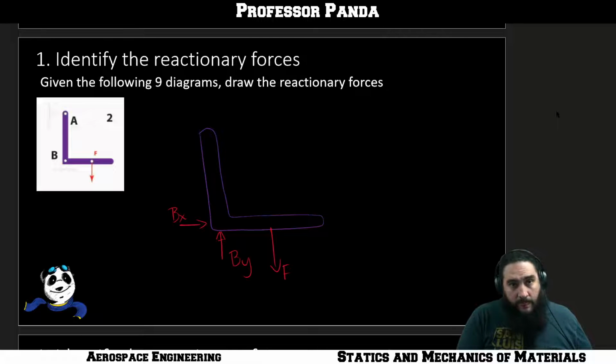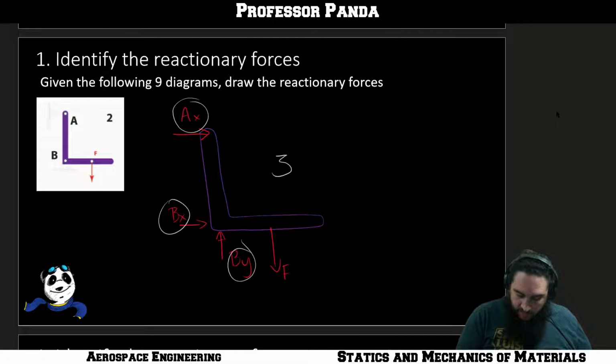At A, held on with a rigid wire of some type, maybe a rope, so we're only going to get one force here, so AX, and that is all she wrote. We got 1, 2, 3 reactionary forces, only 3 in this diagram.